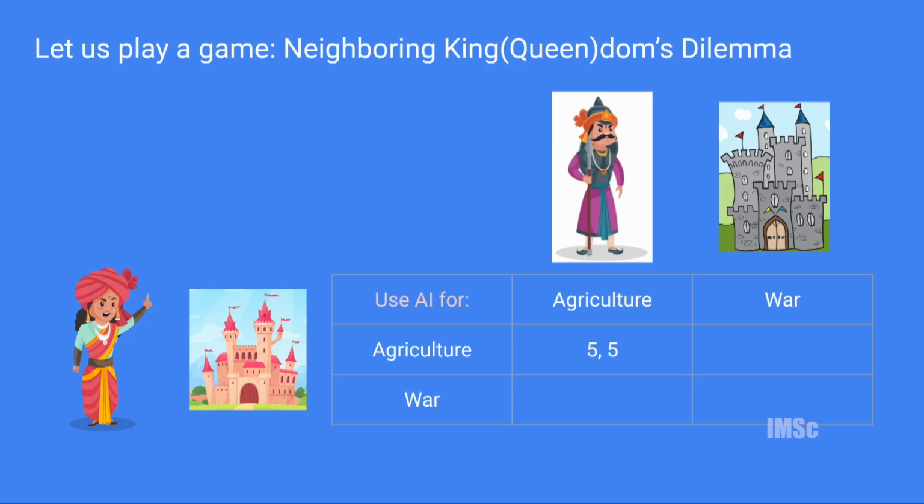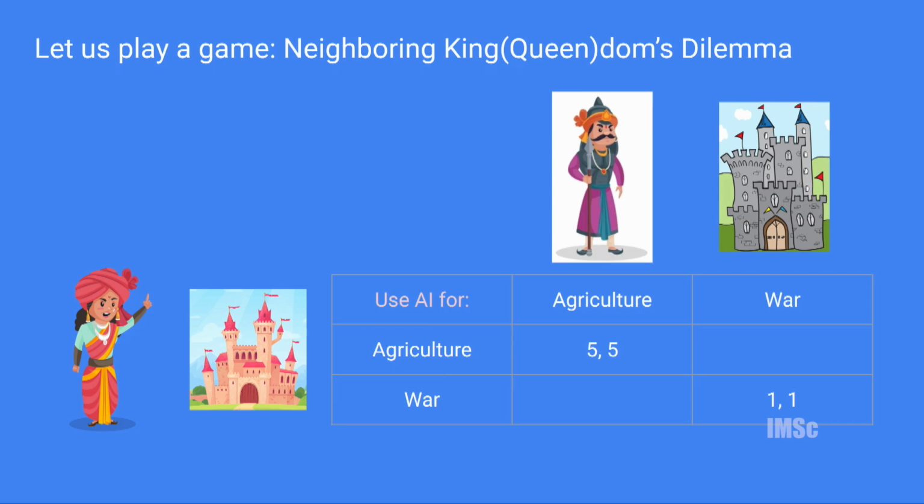If both of them choose agriculture, then both become happy, they are prosperous, they have solved their food issues, which is good. If both of them go for warfare, then they successfully defend themselves, but they don't grow as well as with agriculture. Maybe they have a lot of loss of life, so the utilities there are significantly less.